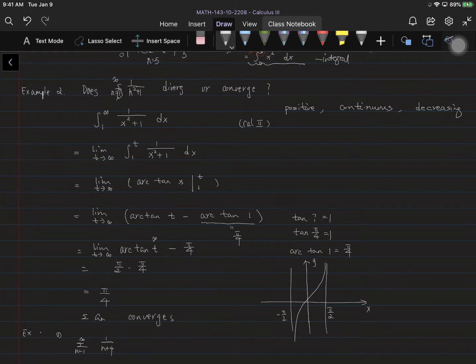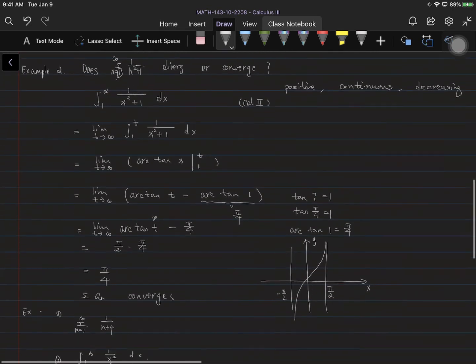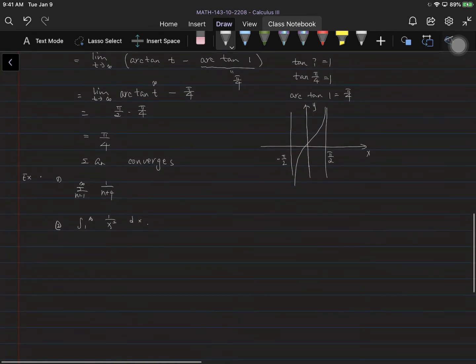If it's unbounded, the partial sum is going to be unbounded, so definitely it diverges, right? So that's why, okay? Positive, continuous, decreasing. Let's take a look at just two exercise problems, and you can try by yourself. I will give you the solution in a few minutes.